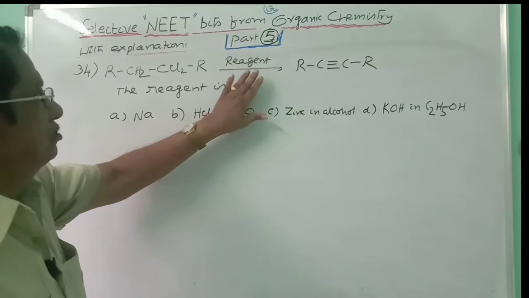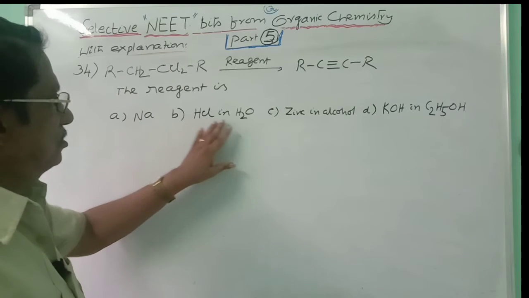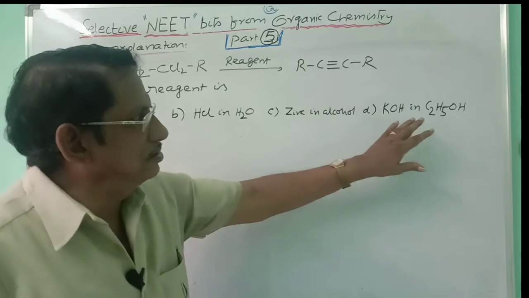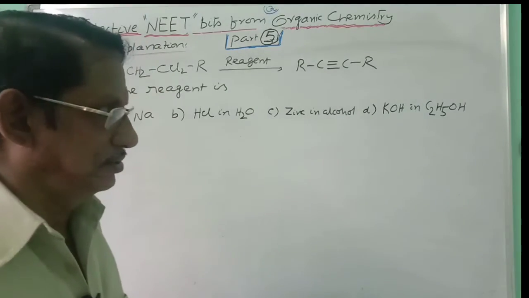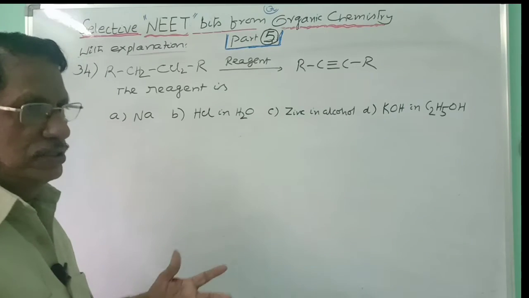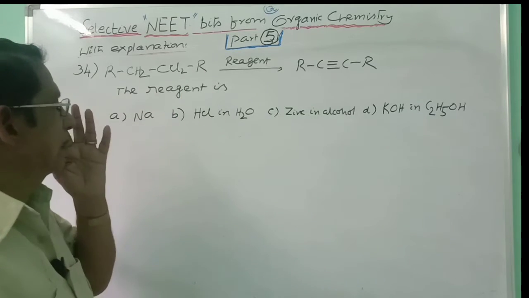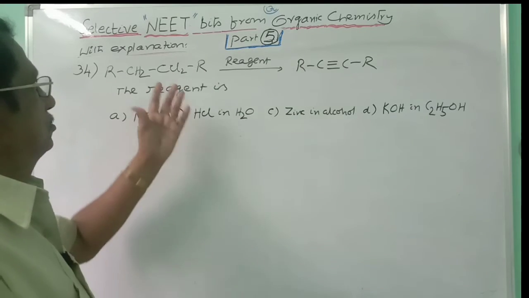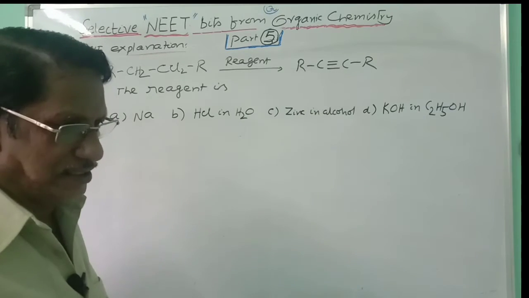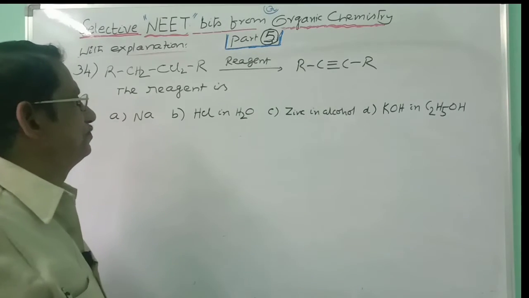What is the reagent that is used here to bring about this conversion? One is sodium, another is aqueous HCl, the third is zinc in ethyl alcohol, the fourth is KOH in ethyl alcohol. Sodium is used in the Wurtz reaction to give a higher alkane from alkyl halide, so this is not suitable here. Zinc can be used to prepare alkane from dihaloalkane or haloalkane, which is also not suitable here.